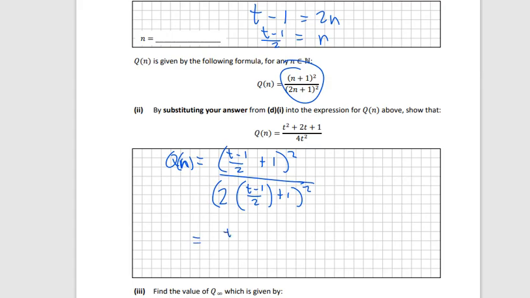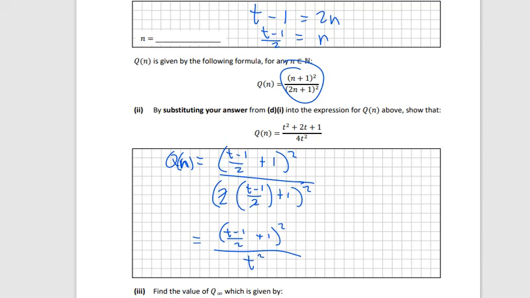That equals (t minus 1 over 2 plus 1) squared over, if I multiply the 2, the 2's cancel out, so it's t minus 1 plus 1, so that's just t on the bottom. And it's still to be squared.